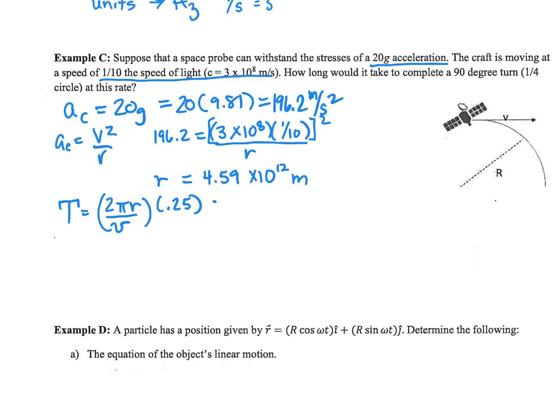So let's figure it out. 2 pi times 4.59 times 10 to the 12th times 0.25 divided by the velocity, which we said was 3 times 10 to the 8th, 1/10 of that. And we can get the time. So let's figure out how much time that is in seconds.